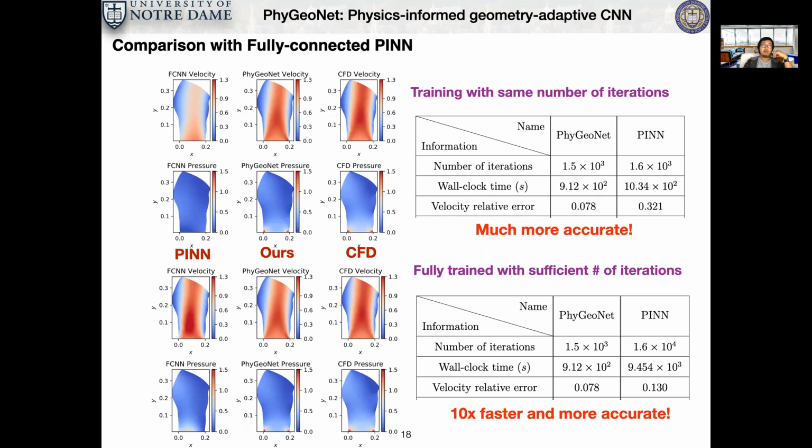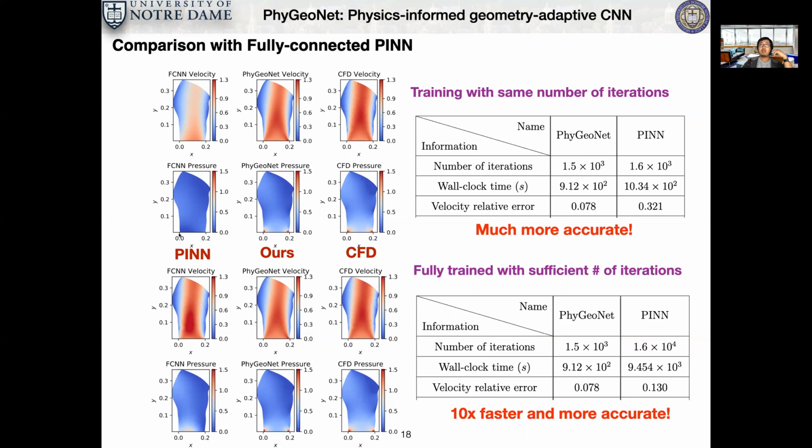If we train both networks with a sufficient number of iterations, you can see that our physics-informed CNN only needs about 1,000 iterations to converge, while the fully connected PINN needs 10,000 iterations.